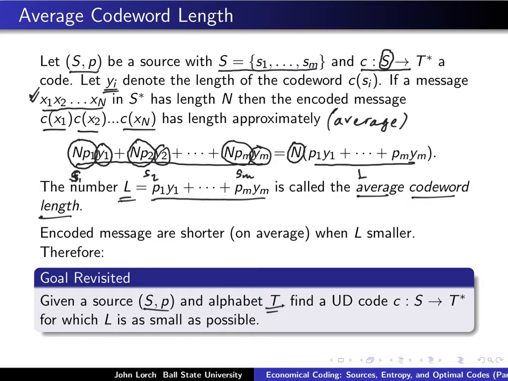If we meet that goal, we will have promoted our larger, meta goal of economy in coding. We'll have made our messages on average as short as they can be.